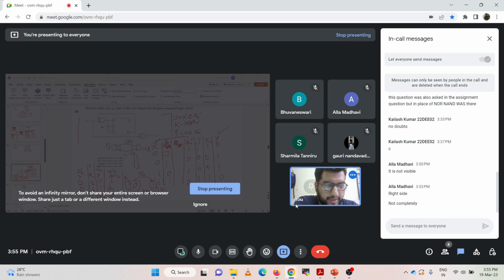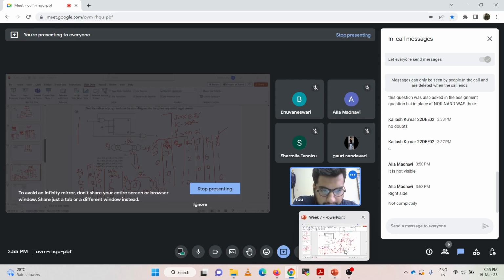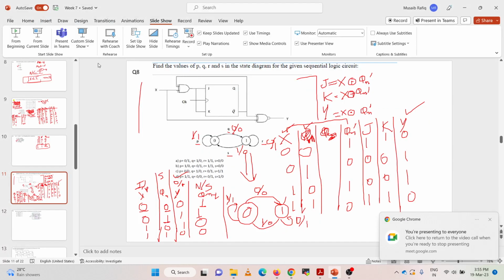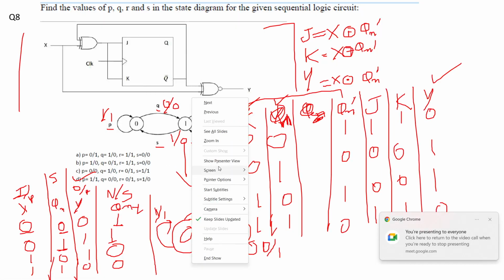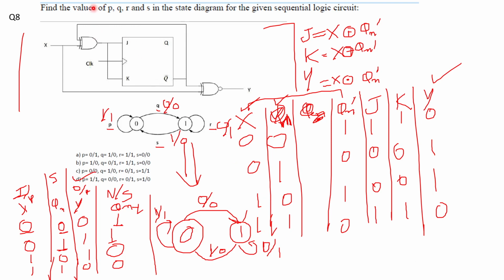So let me just repeat it. We have this question. We are given this circuit, and we need to fill up this state diagram.